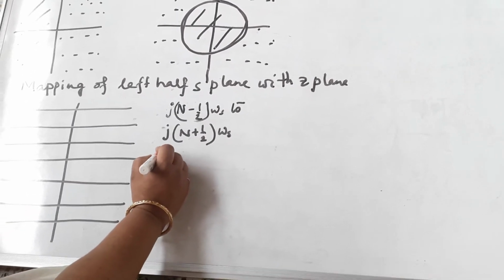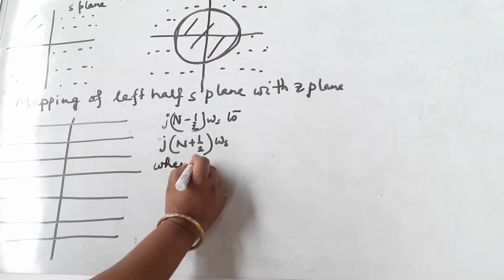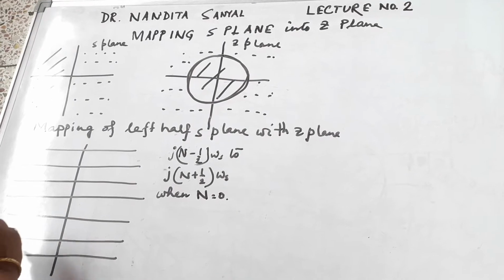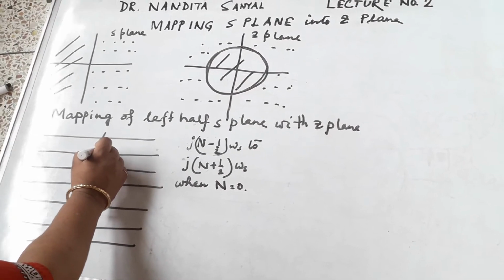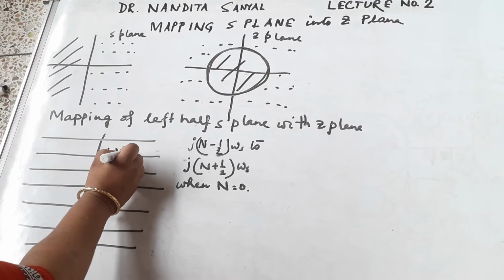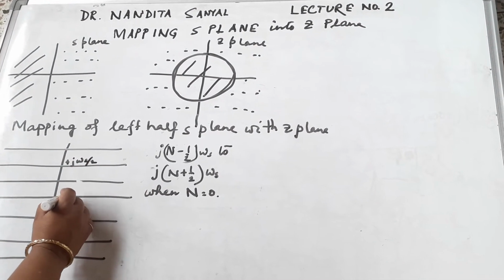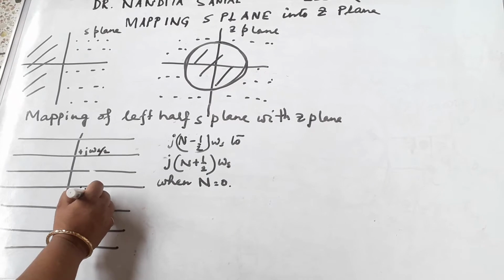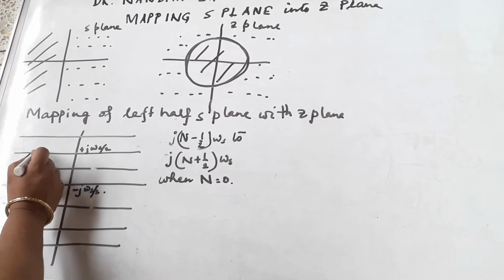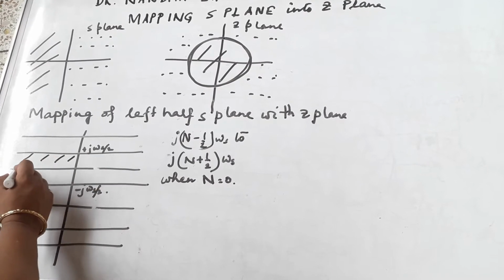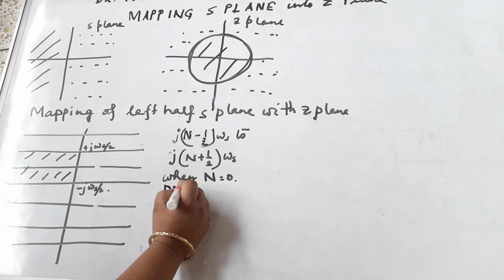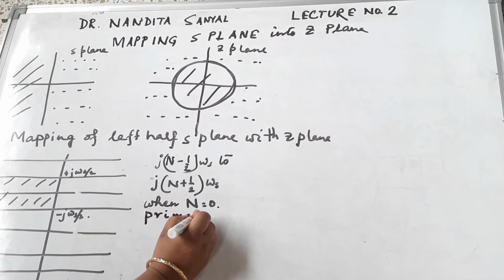So when capital N is equal to 0, the strip is from plus j omega s by 2 to minus j omega s by 2. This strip is known as primary strip.